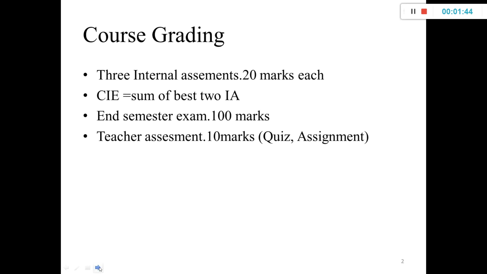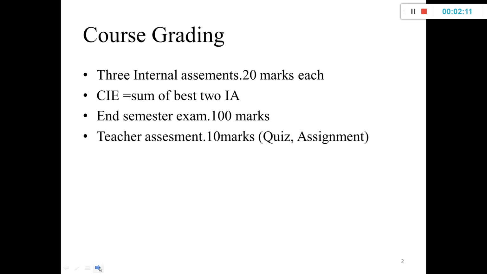Course grading. Here I'll be talking about the course grading. There are three internal assessments. Each assessment is of 20 marks. Three tests will be conducted, and out of that, the two best will be considered. Whichever two best marks you score will be taken for the counting.